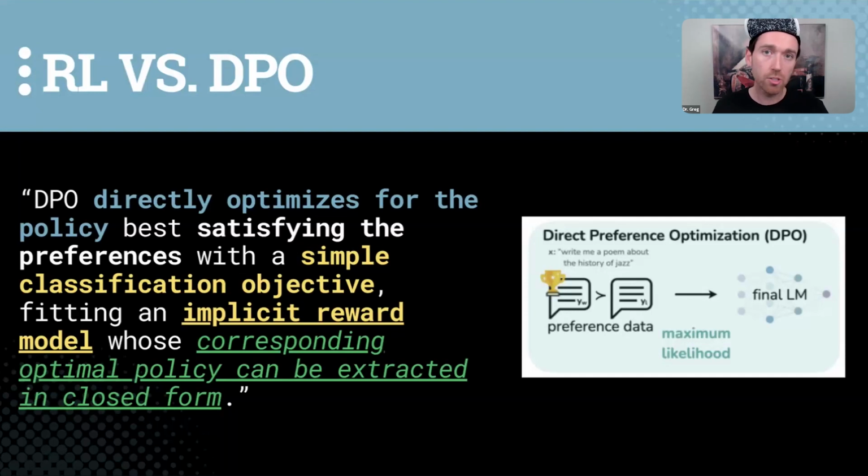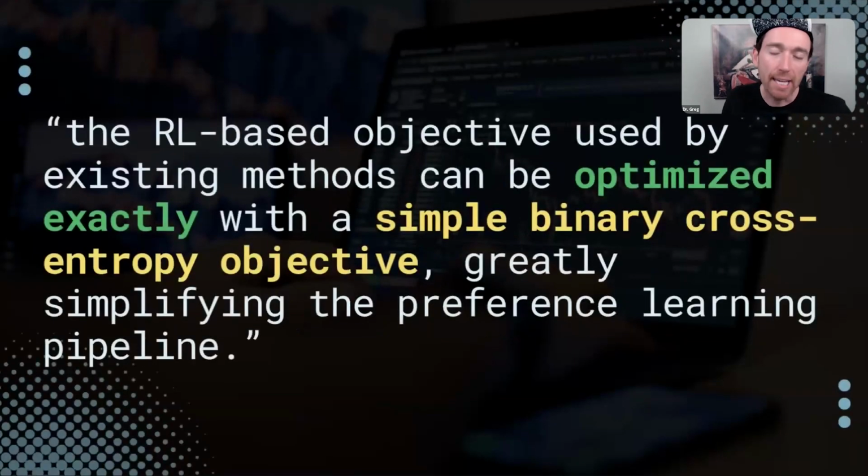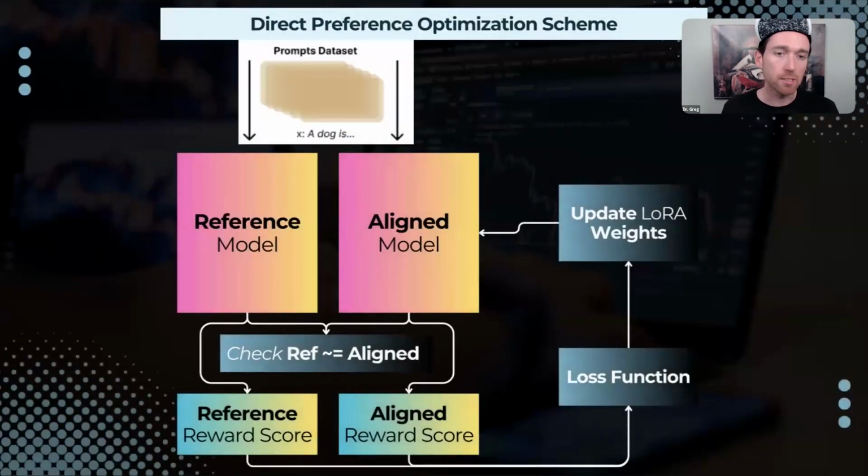It's implicit, so it can be derived, but it's not explicit in the way we calculate loss. This equation, this analytical mapping, is the whole point. That when we have this equation, we can then optimize and do our alignment in a much more direct, straightforward way.